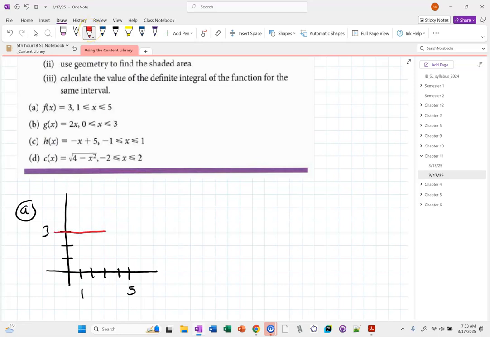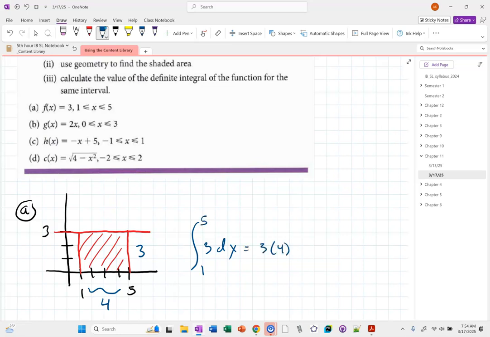So if I graph y equals 3, there's that. And then from 1 to 5, we'd have that. So that's my shaded region, right? This is just like a 3 by 4 rectangle. So the integral of 3 from 1 to 5 dx is just going to be 3 times 4, or 12.